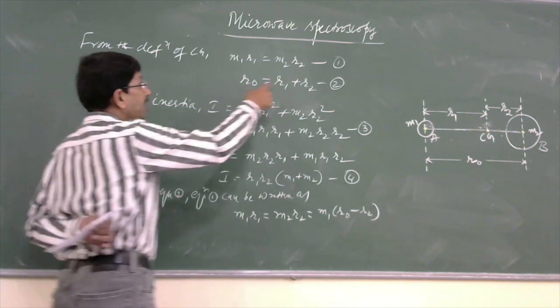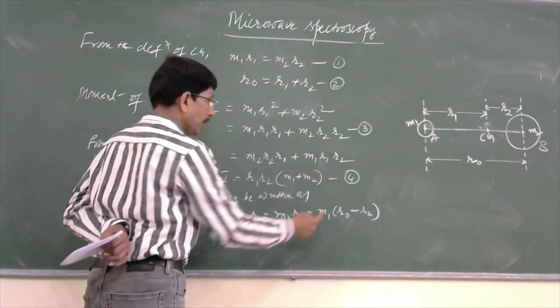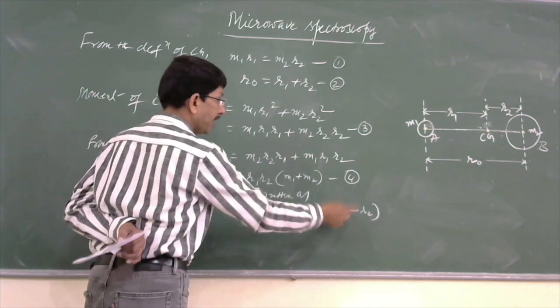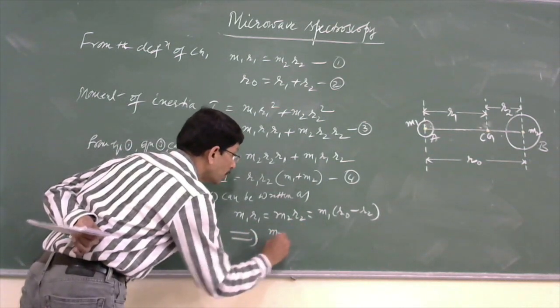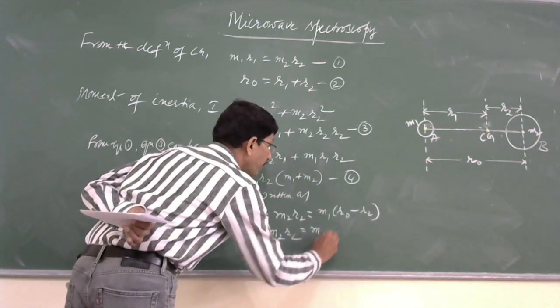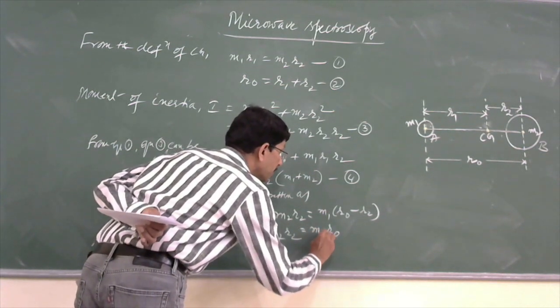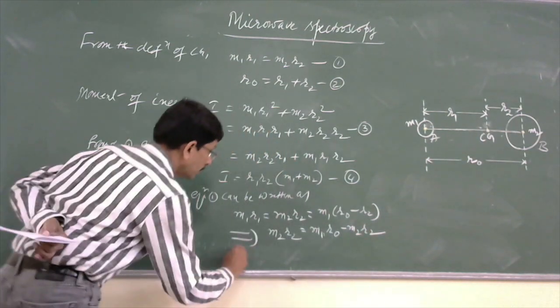Since R0 is equal to R1 plus R2, R1 will be equal to R0 minus R2. Therefore, we have M2 R2 is equal to M1 R0 minus M1 R2.